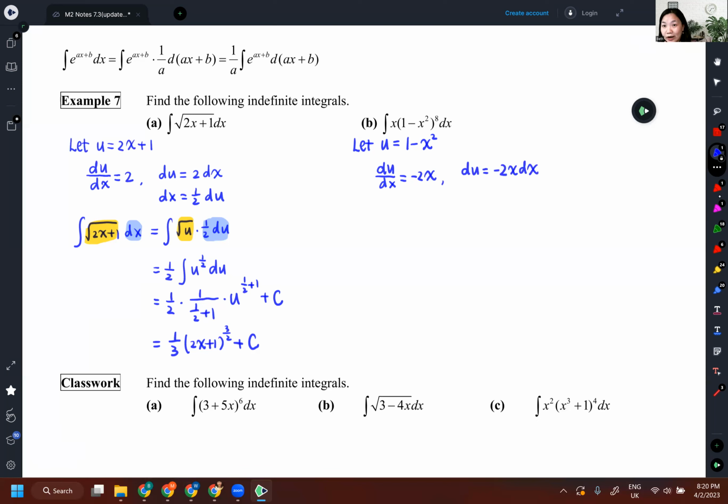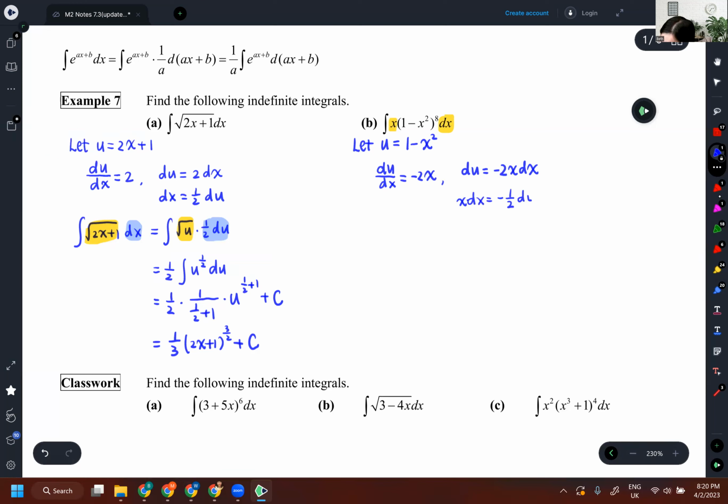And then you remember that we had trouble with x and dx. Now here inside it has x and dx. Now I can find x times dx, which is x times dx equal negative 1 over 2 du.